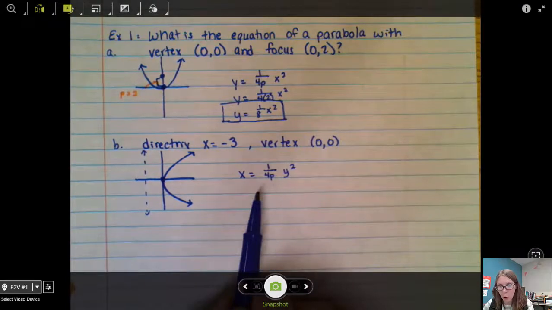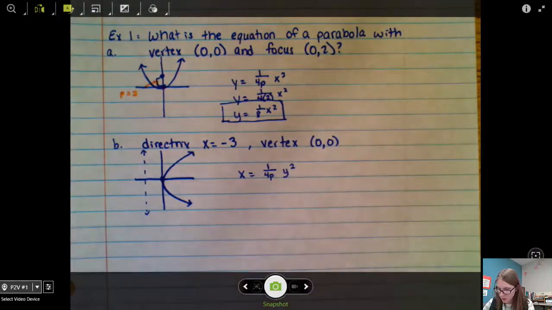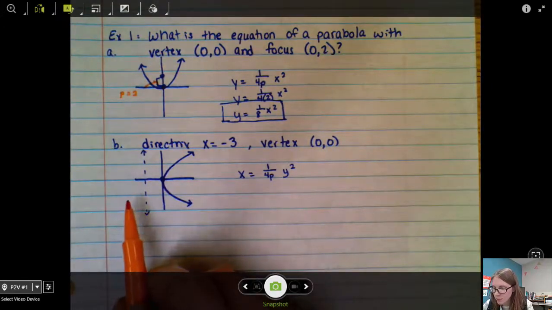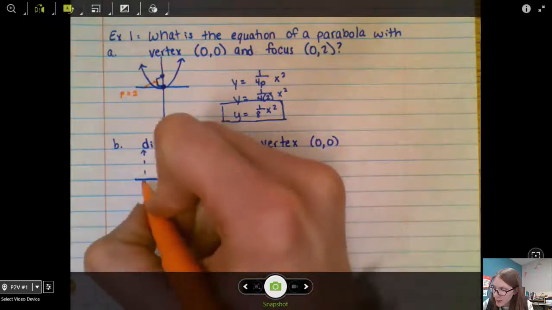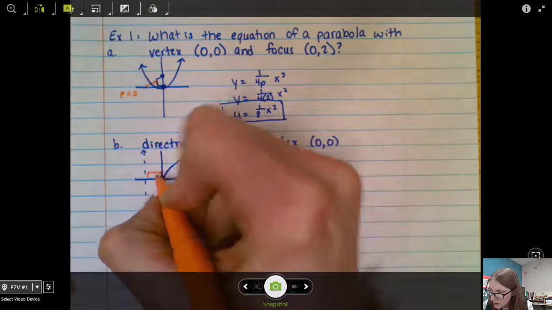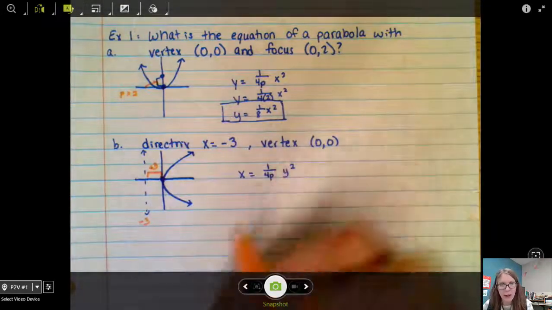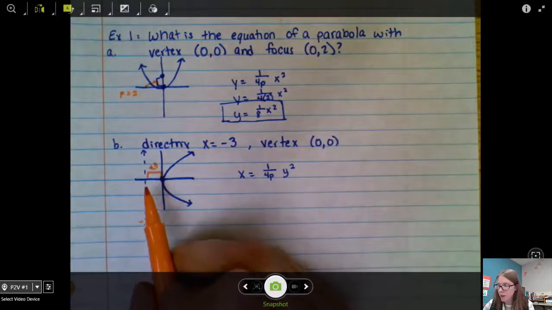Well, p is our focal length, our distance from the focus to the vertex. Well, let's think about what we know. Right now I know my directrix is at -3. And our vertex is at 0, 0. So what that really tells us is this length, this distance, is 3 away. And even though it's -3, it doesn't really matter. Okay, it's distance still.